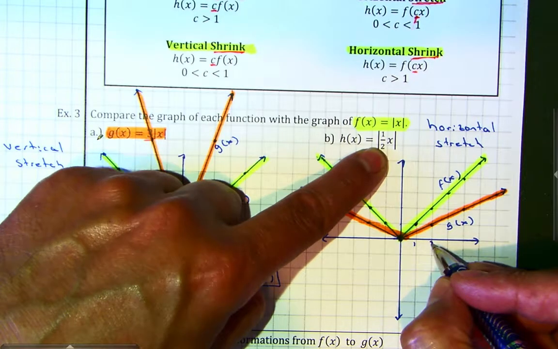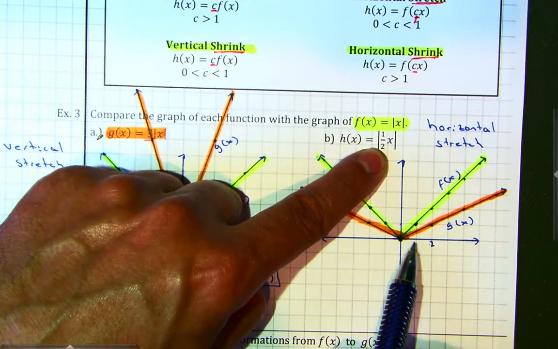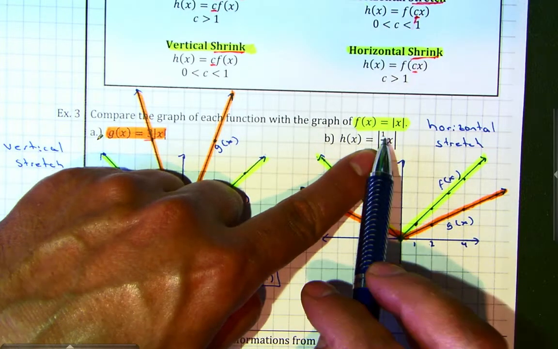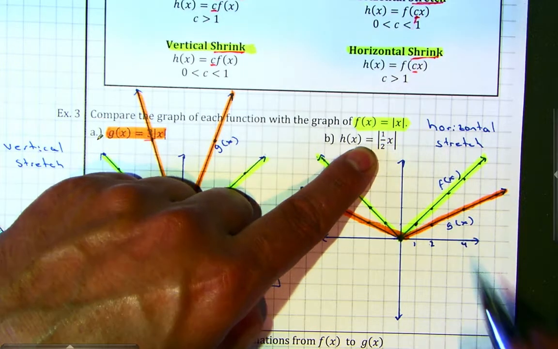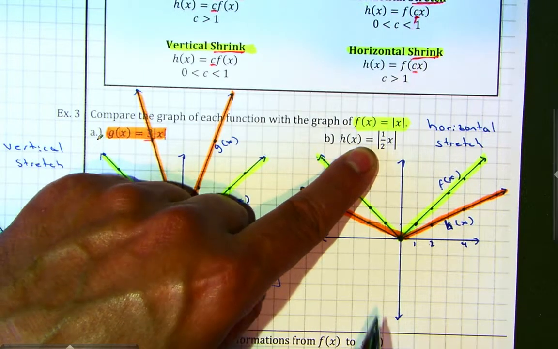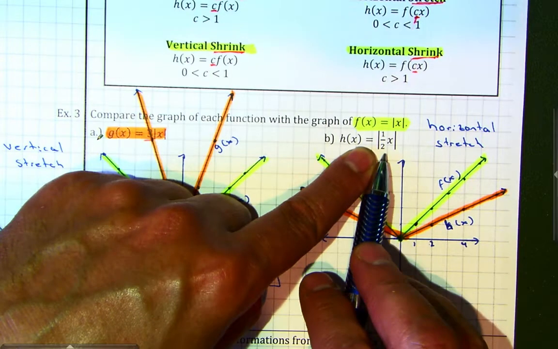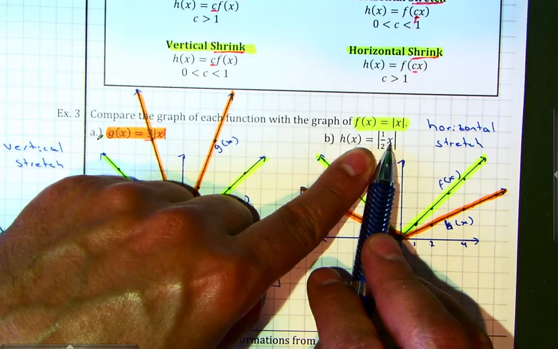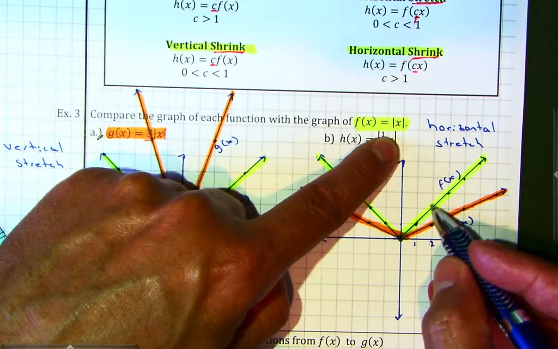If you plug in a 4 for the g function, or this should be an h function, 1/2 times 4 will be 2. So it'll be the same thing if I plugged in a 2 for this function here.